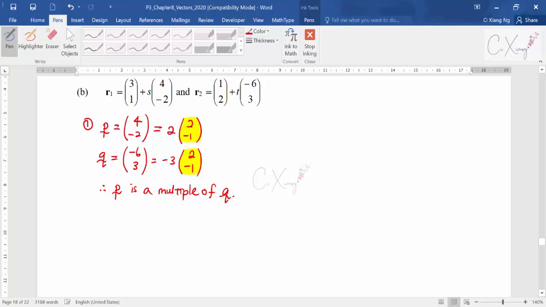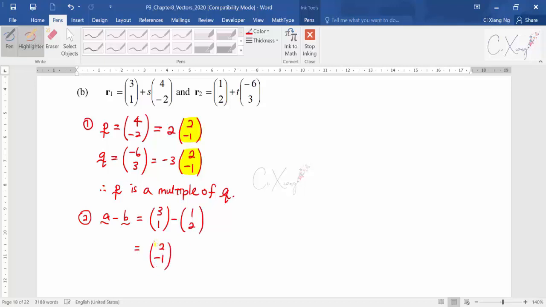So you go to the yes part in the diagram that I showed you. What's the second criterion that you need to check now? You have to take A minus B. When you take A minus B, you have (3, 1) minus (1, 2), and you realize that it is (2, -1).